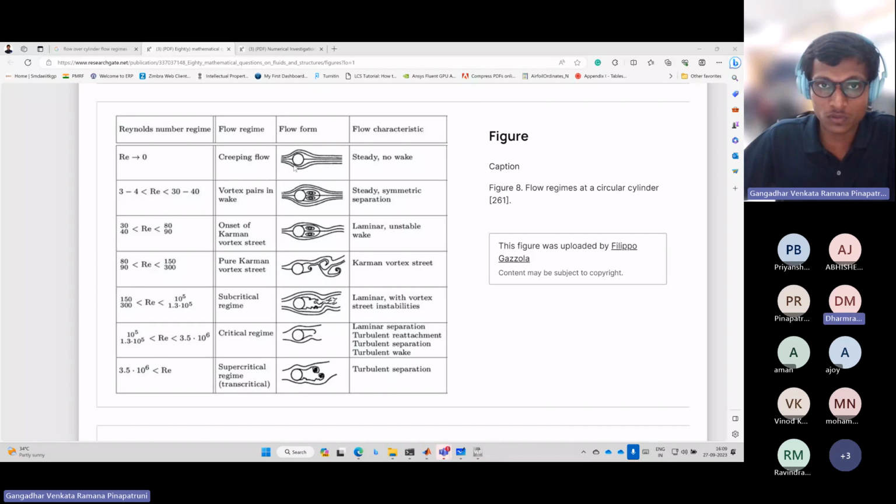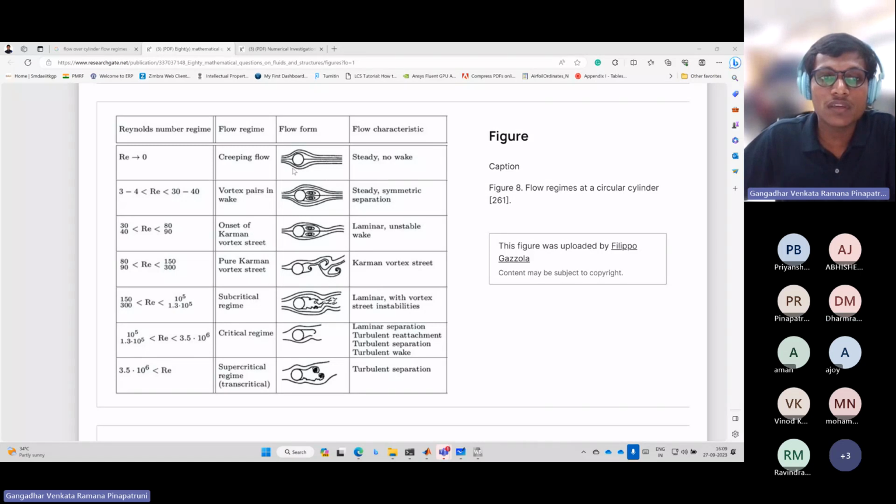That means the fluid comes, attaches to the object, moves around it and moves steadily, with no wake. The portion behind the object is called the wake, with reduced velocity, and vortices can also be seen in the wake.